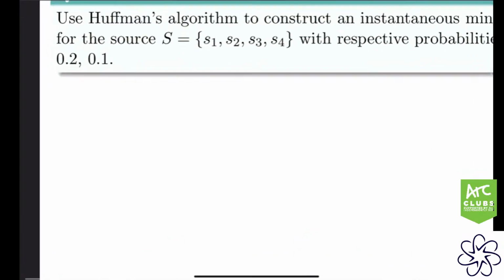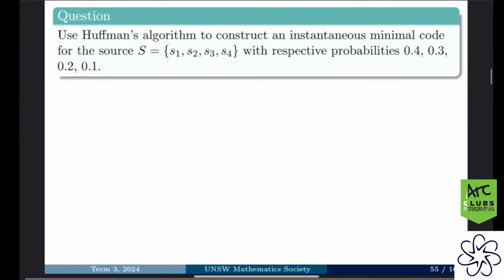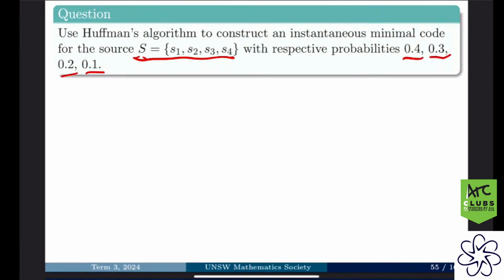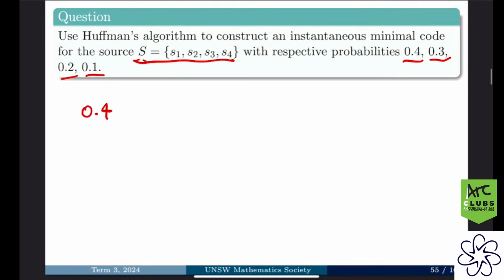So let's use Huffman's algorithm to construct an instantaneous minimal code for this source, where the probabilities are 0.4, 0.3, 0.2, and 0.1. The way we're going to do this is with our Huffman diagram, our Huffman algorithm. We've done this a lot of times in the tests, so hopefully this isn't too new to you.